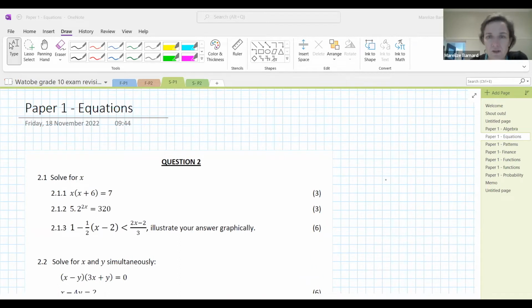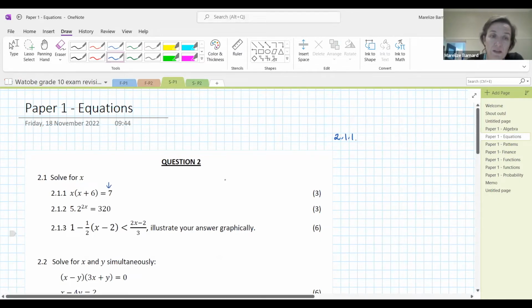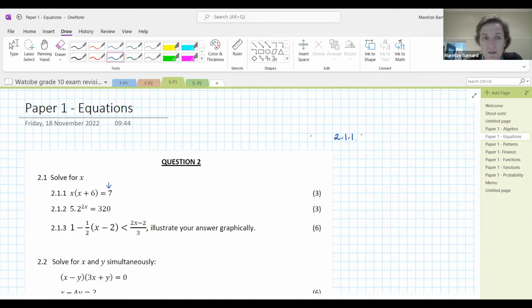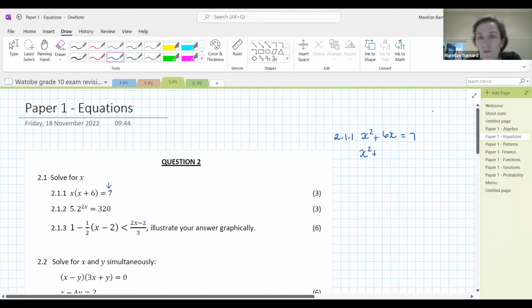Right, let's have a look at 2.1.1. Because there's a 7 here and not a 0, we need to multiply these brackets out. So we get x squared plus 6x is equal to 7. Take the 7 over because this is a quadratic equation.